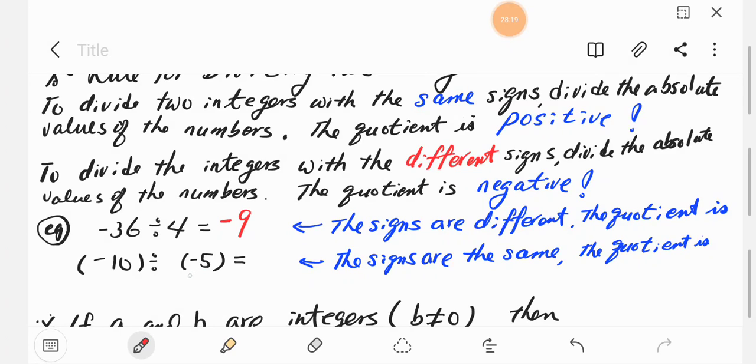The two numbers have the same signs, so the result is positive. 10 divided by 5 is 2, and the result is positive, so you don't have to write the positive sign. So when you divide numbers with the same signs, the quotient is positive. If the numbers have different signs, then the quotient is negative.